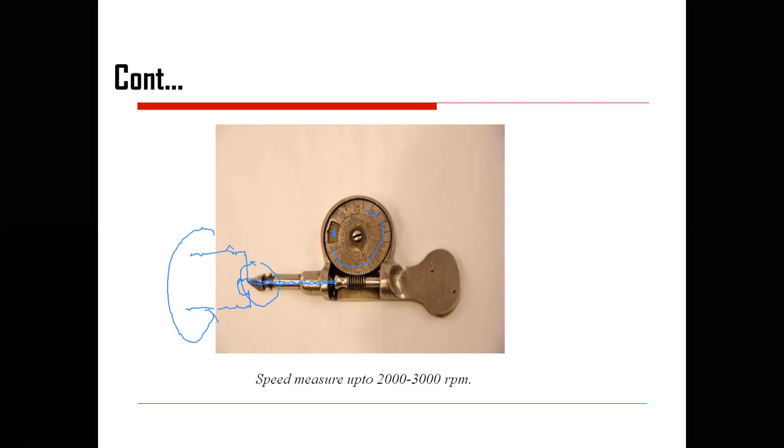Now this spindle will rotate, and depending upon the rotation, your inner dial and outer dial will indicate up to what extent. And this is the holding knob.